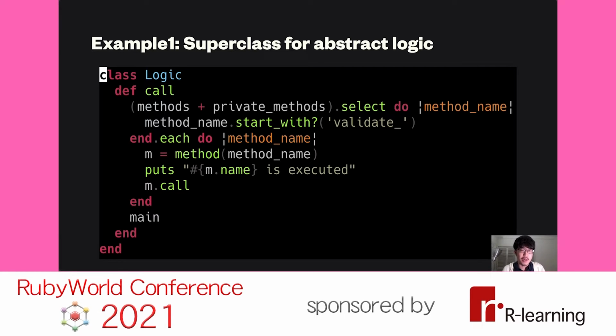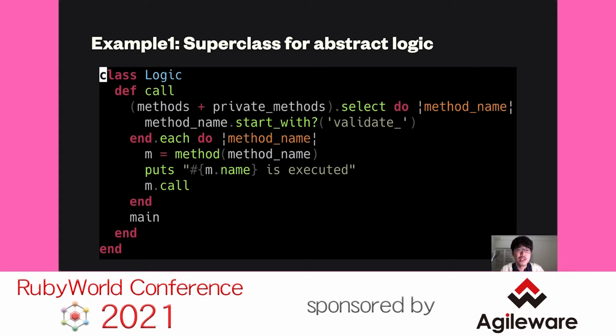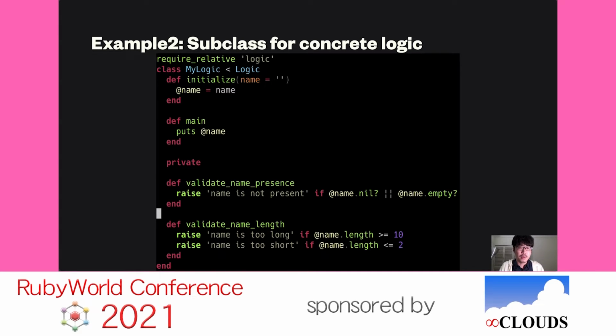So how do we execute the validation? If a method's name starts with validate underscore, that's the method to call first. And you don't have to take notes because I will explain the code later.